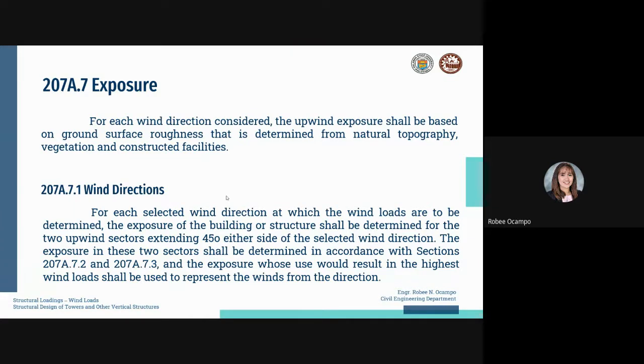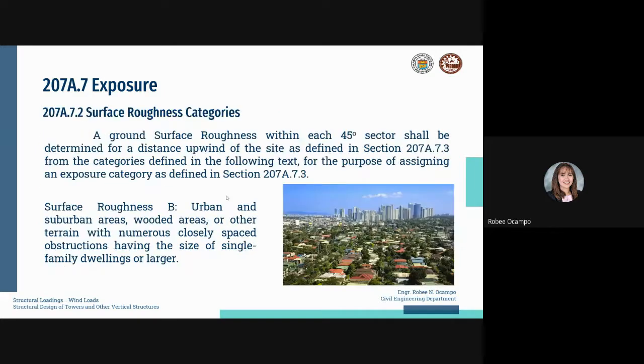For each selected wind direction at which the wind loads are to be determined, the exposure of the structure shall be determined for the two upwind sectors extending 45 degrees either side of the selected wind direction.